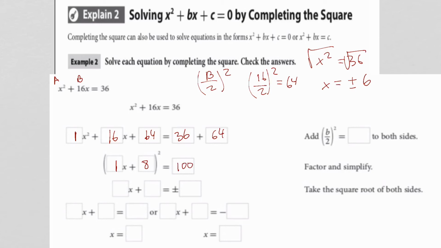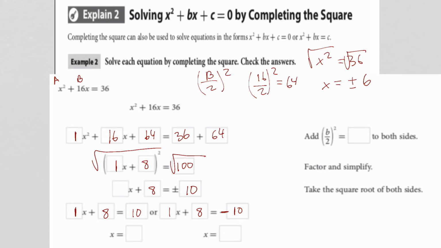And now I can solve for x very easily now that I've completed the square, because I simply take the square root of both sides. You're going to get x plus 8 is equal to plus or minus, well, what's the square root of 100? 10. So you're going to have 1x plus 8 is equal to positive 10, or 1x plus 8 is equal to a negative 10. And that's supposed to be a negative right there.